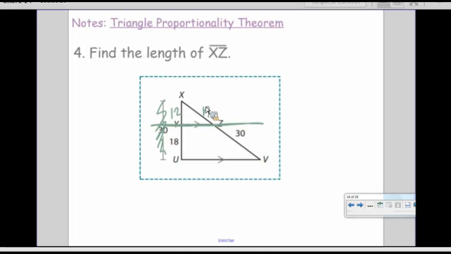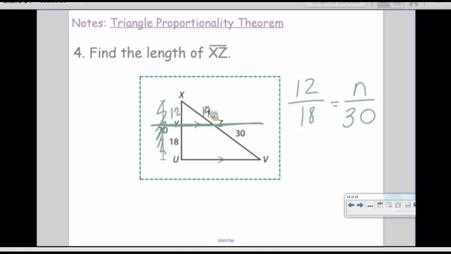Well, we don't want the whole side. We want the parts. So we're going to say 12 is to 18 as N is to 30. We had to do 30 minus 18 because we could not use an entire side. We had to use partial sides.